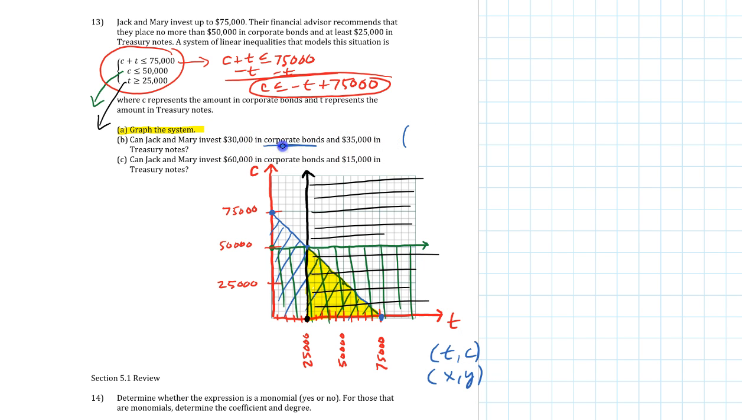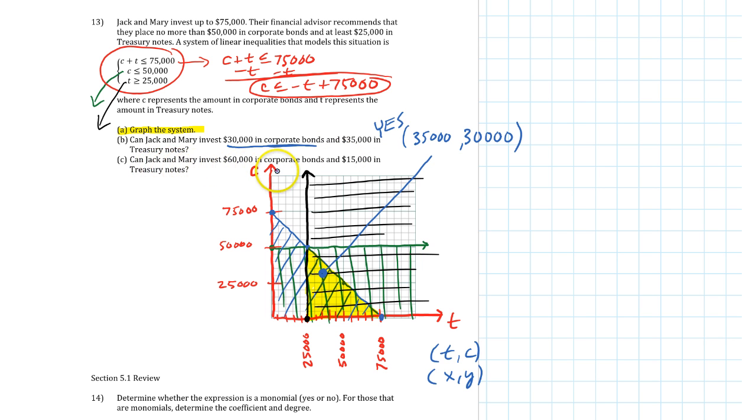So corporate bonds is 30,000, so that's my Y value, and 35,000, that's my X value. So if I find that on this chart here, this is 25, 30, 35, and 30 would be roughly here. That's in that shaded region, so that's good. So they can invest there, that's a yes.